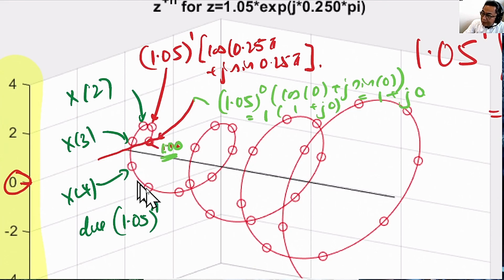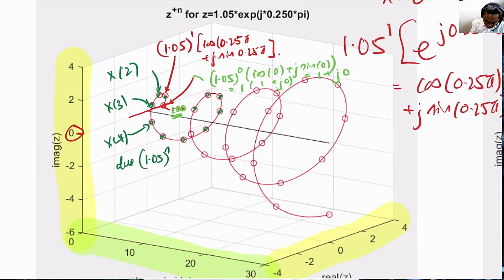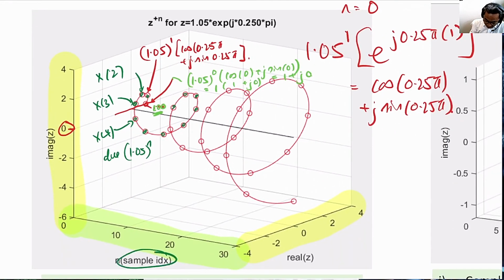That red line is drawn for you to see the link between this circle, which is the only value we can see, as it is the value that occurs during integer values of time or sample index n.